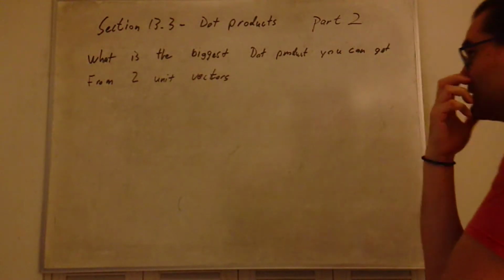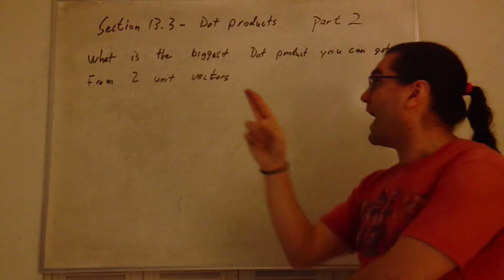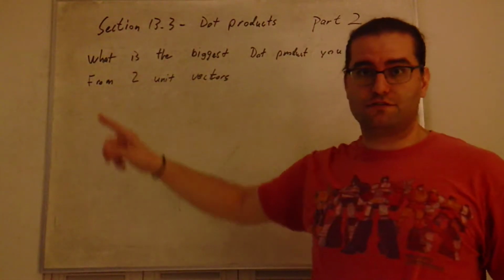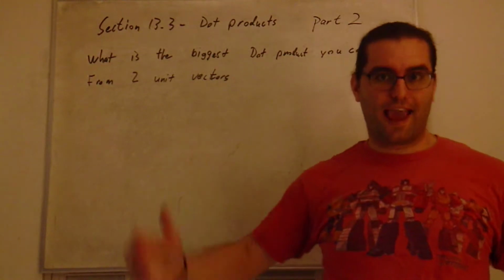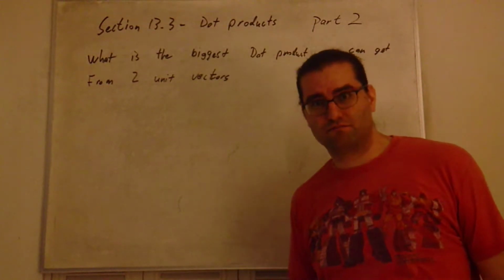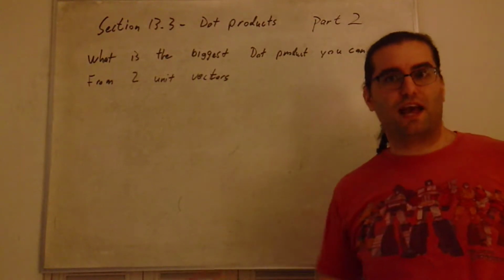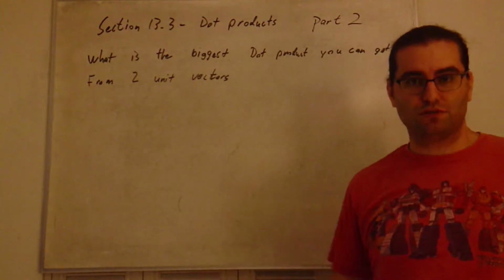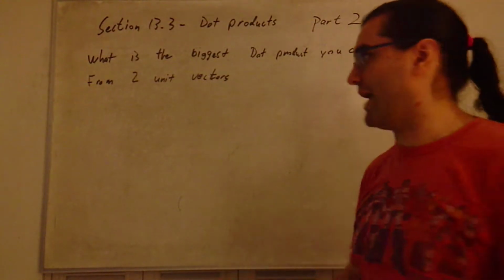And if you have two vectors that are pointed in exactly the same direction, and they're both unit vectors, that means that they have the same direction and the same magnitude, and it basically means that they're the same vector. So we can figure this out. We can answer this question just by picking any unit vector and multiplying it by itself to see what kind of dot product we get from that.